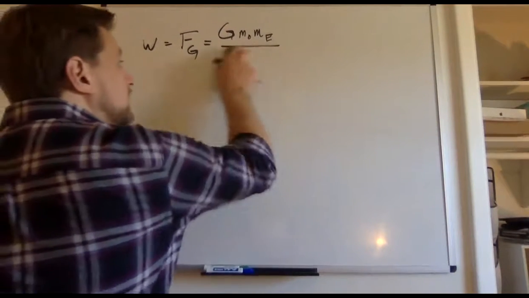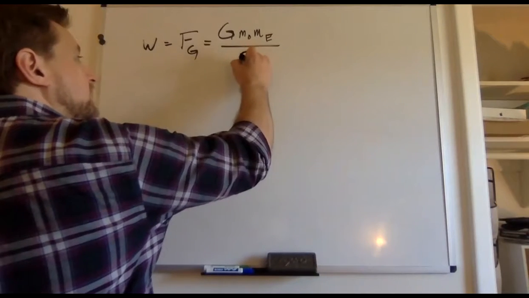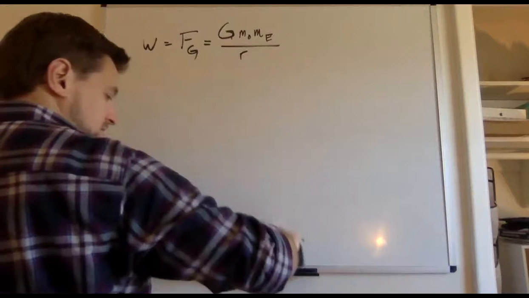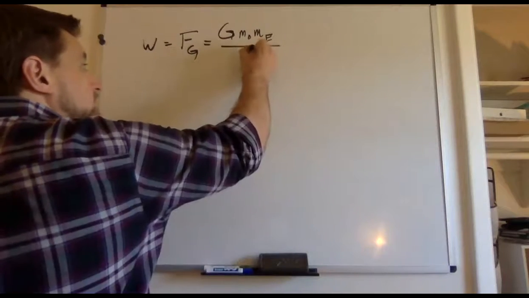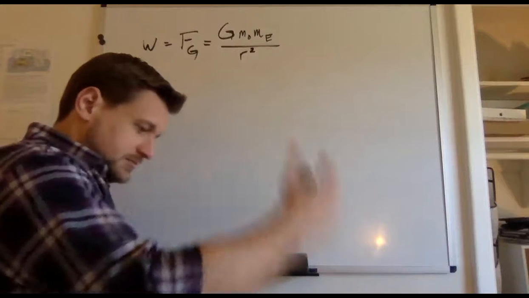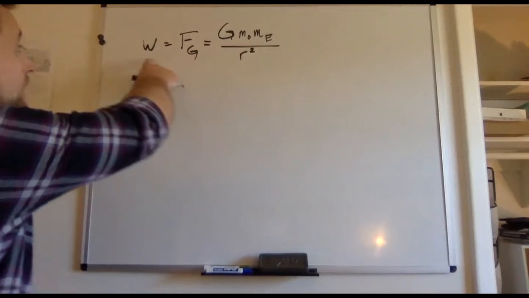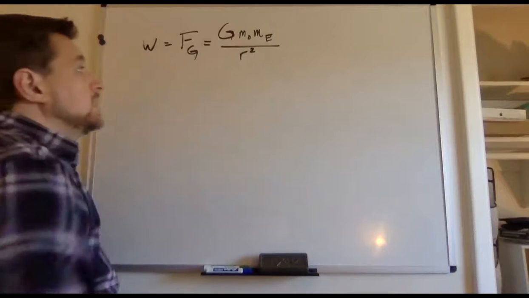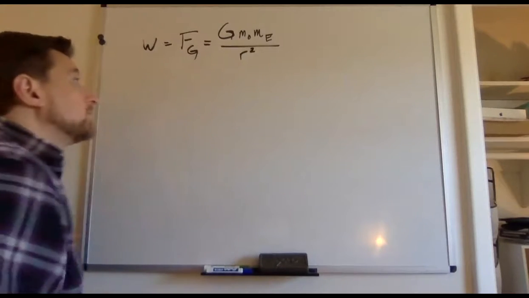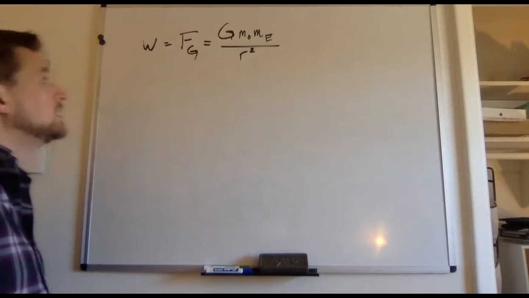If we are at some other distance above the surface, then we're talking about some separation between the object and the center of mass of the Earth. So this weight is a function of separation distance, of altitude, in other words, above the surface. But that's a subject for another segment.